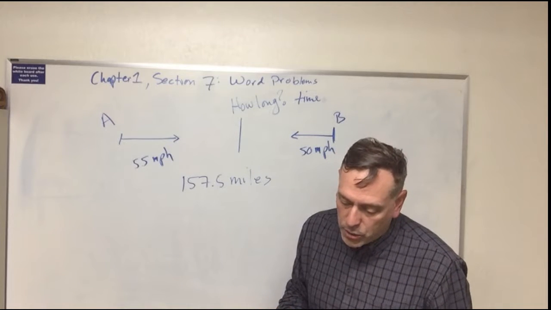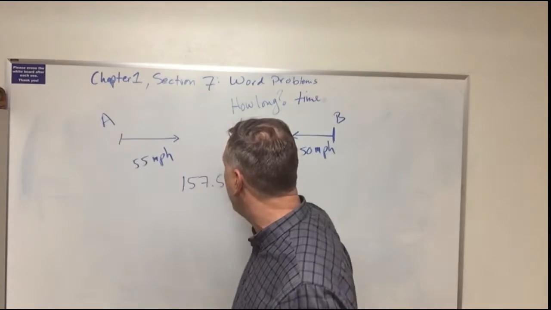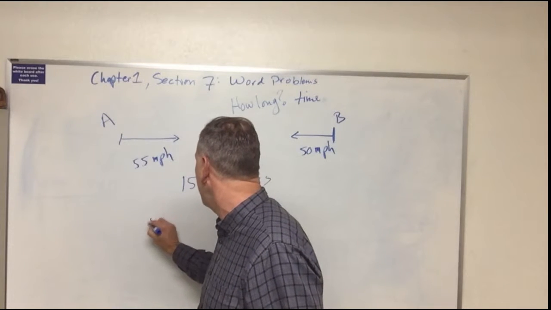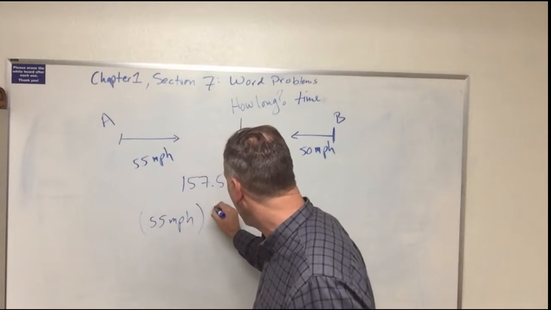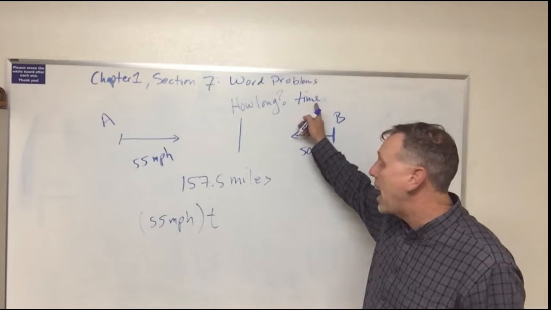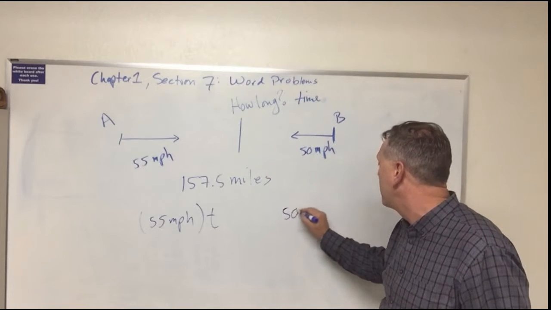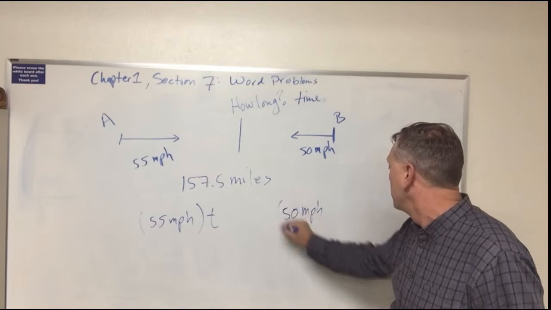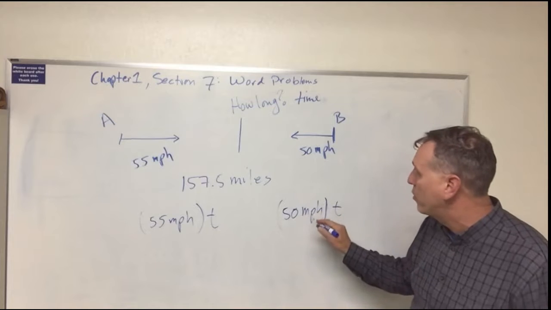Now, the way this works is the distance for the car going from A to B is 55 miles per hour times how long they travel, the time, which is the question we're being asked. And the distance this car travels is 50 miles per hour times time. How much time? That's the distance this car would travel.